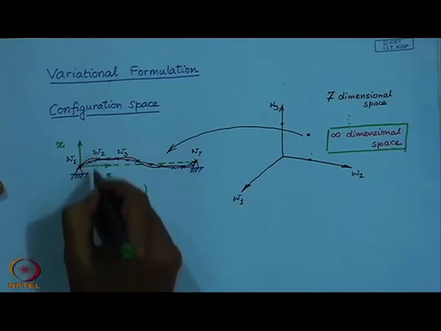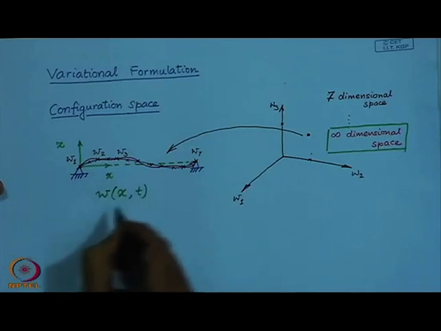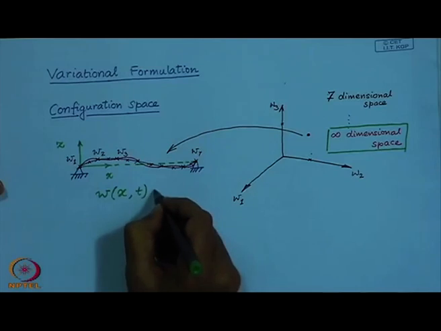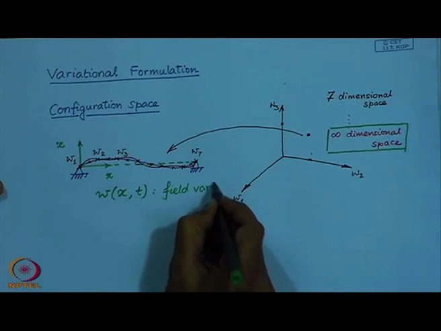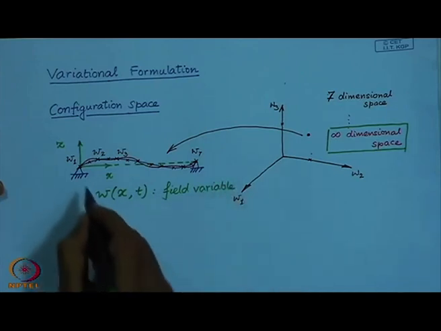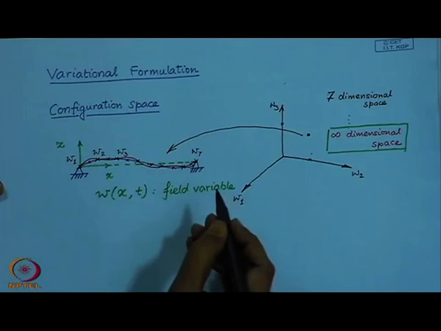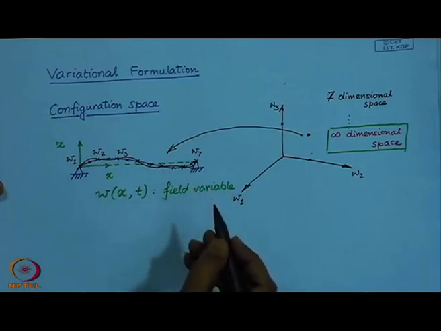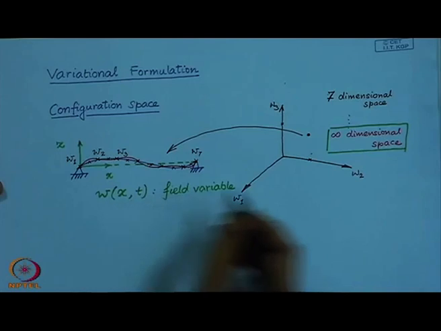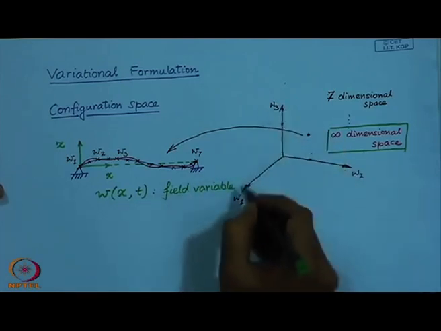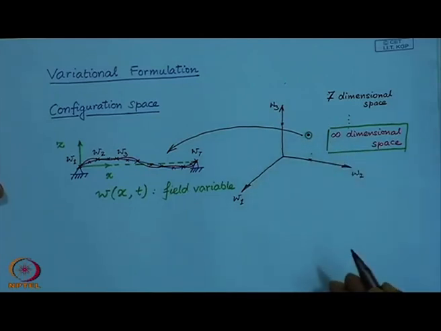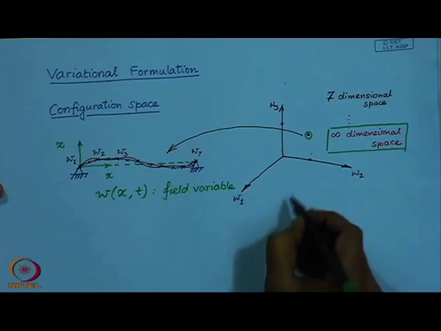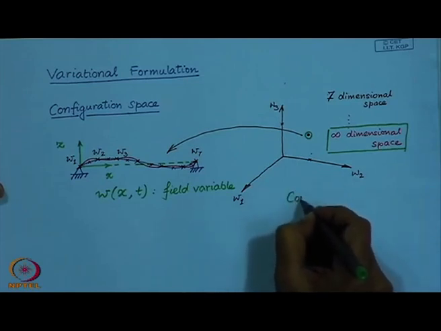So, W, the transverse displacement of the string from the equilibrium position, is therefore represented as a field variable, which can capture all these infinite possible configurations of the string. This space in which a point represents any configuration of the string is known as the configuration space of the string.